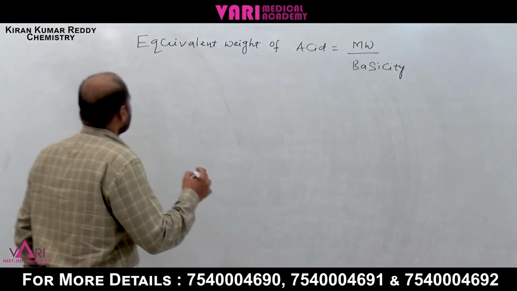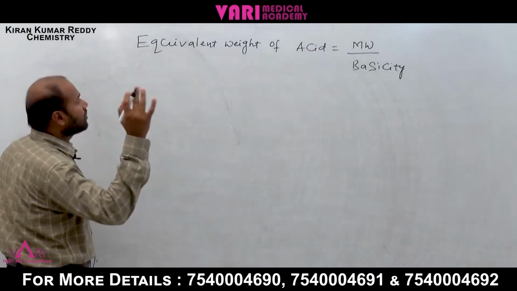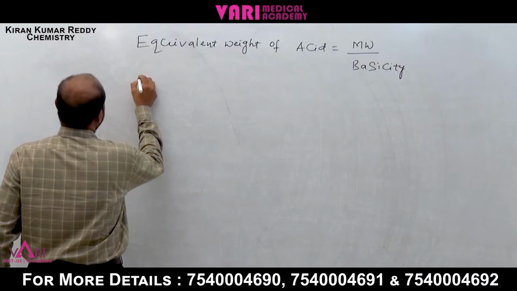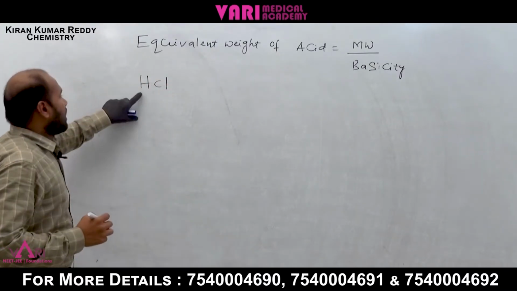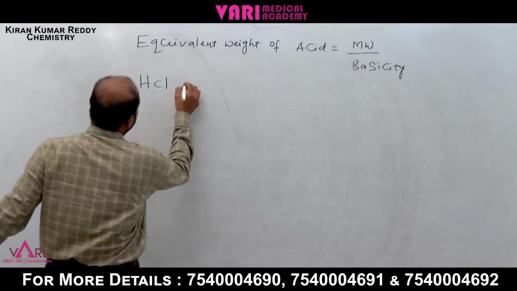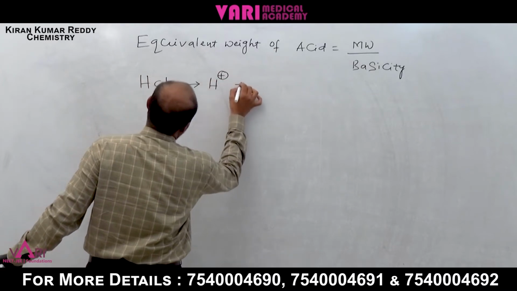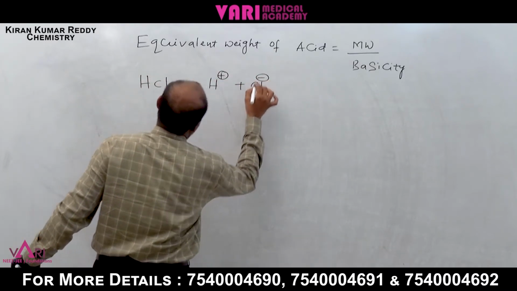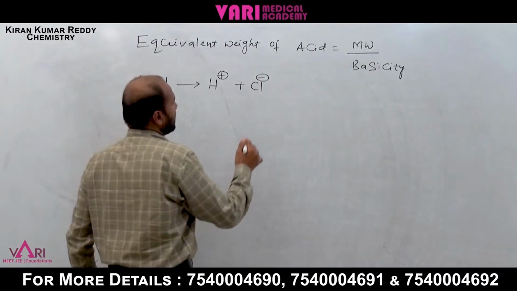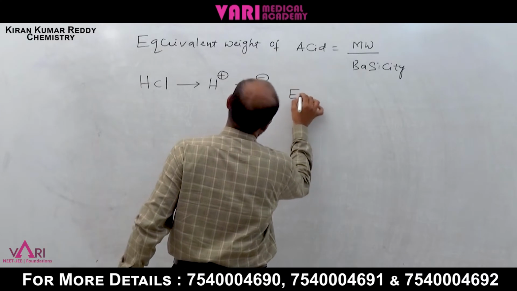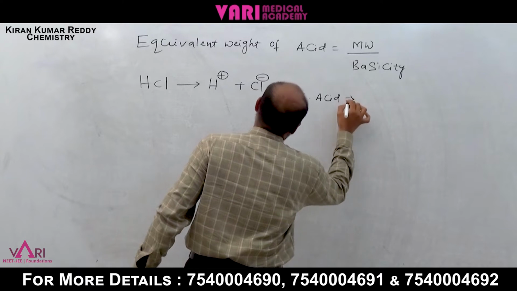I am writing first the calculation of the equivalent weight or gram equivalent weight. First I am taking gram equivalent weight of HCl. How to calculate? HCl means H plus, Cl minus. Equivalent weight of acid is equal to molecular weight.